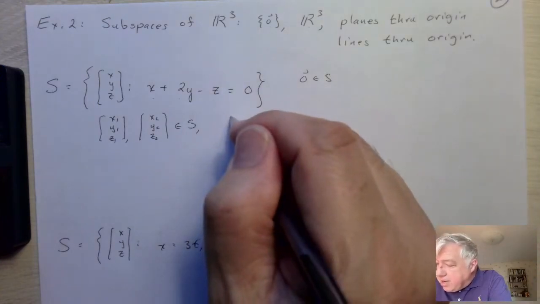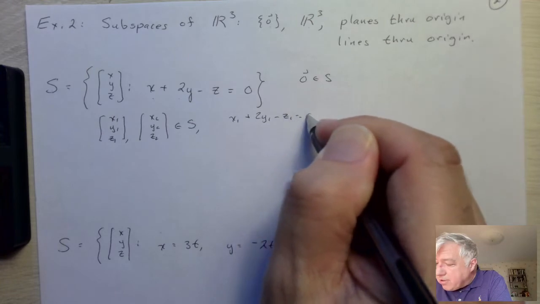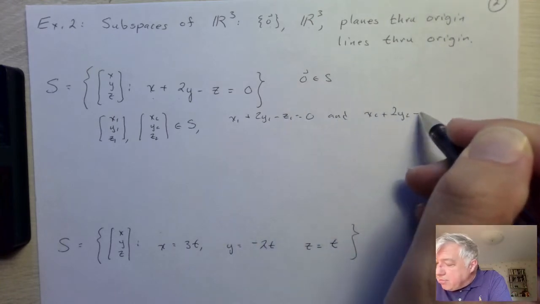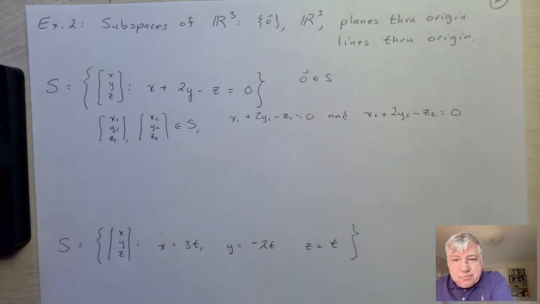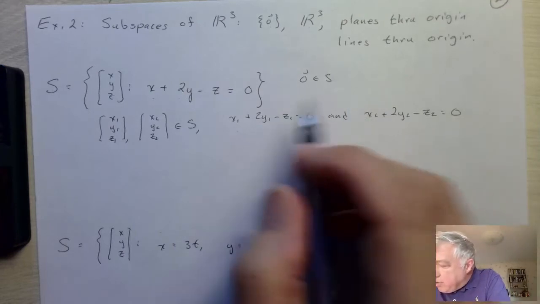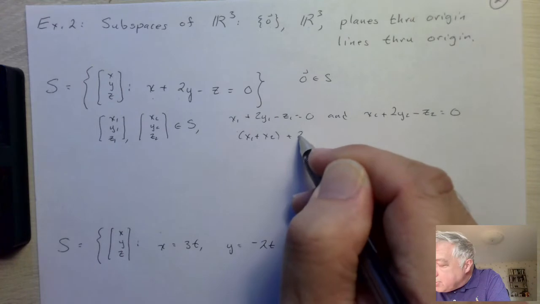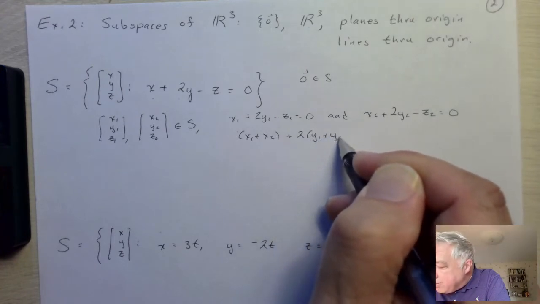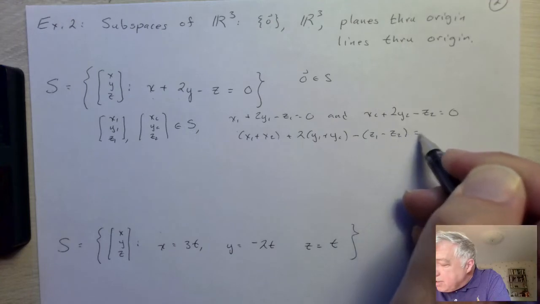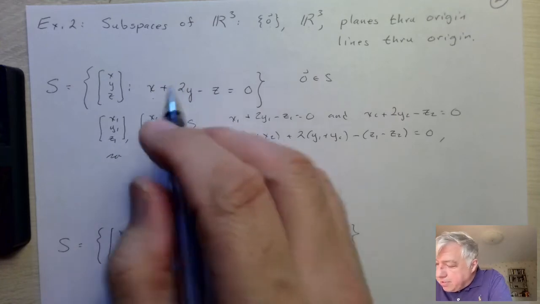Obviously that means that x1 plus 2y1 minus z1 equals 0, and x2 plus 2y2 minus z2 equals 0. If we add these together and rearrange some terms, we get (x1 plus x2) plus 2 times (y1 plus y2) minus (z1 plus z2) equals 0, right? So the sum is in S.